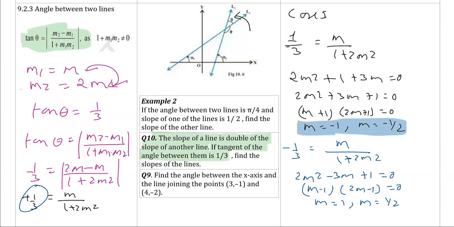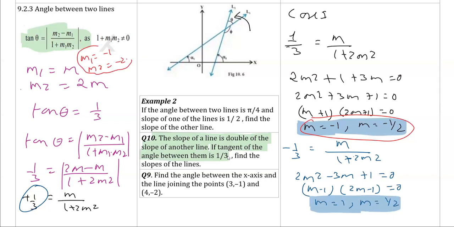So now we got the second possible value as m1, m2. What we can do now is simply place these values. If I'm taking the first value, when m is equal to minus 1, we get m1 as minus 1 and m2 as 2 times m, that is minus 2.